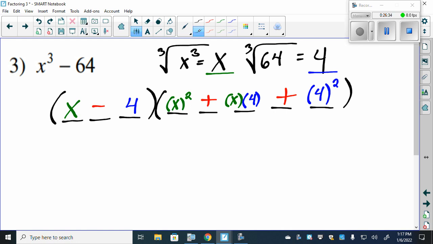And if we simplified this down, we would have x minus 4 times x squared plus 4x plus 16.